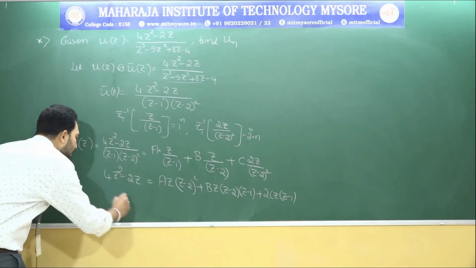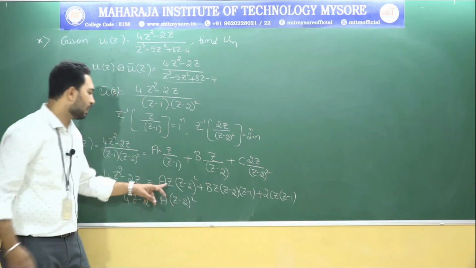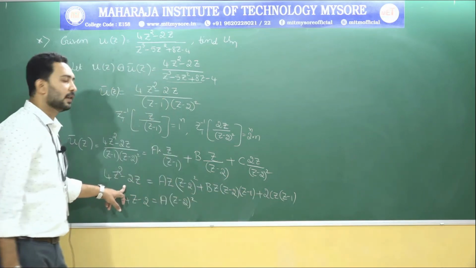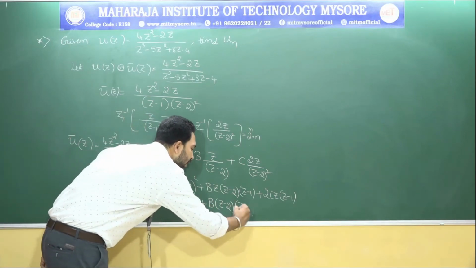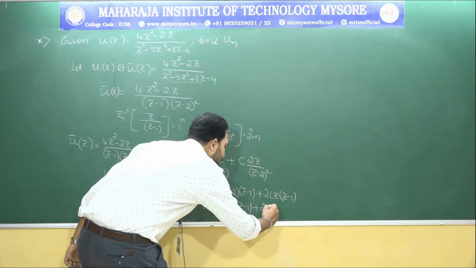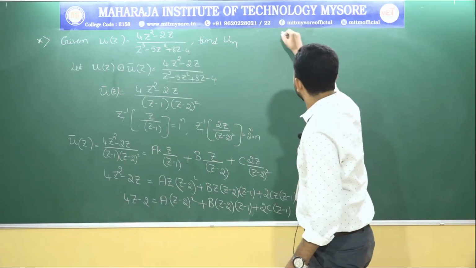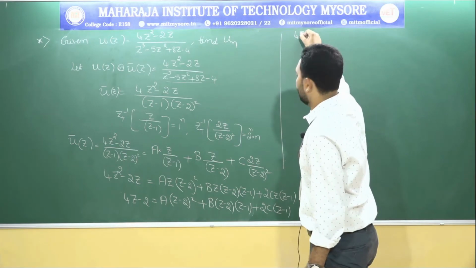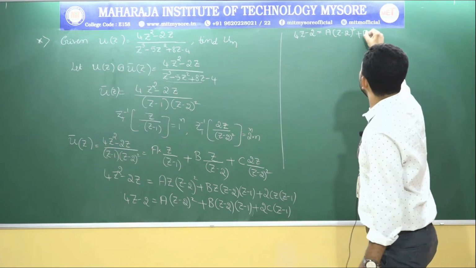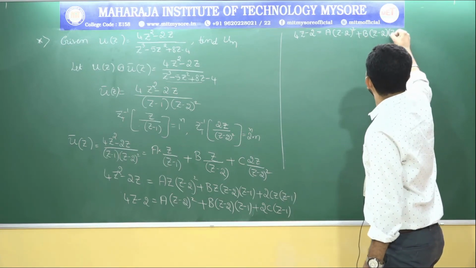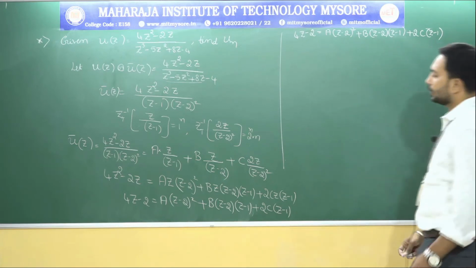So we can take z common, we'll get 4z minus 2 equals a into z minus 2 whole square plus b into z minus 2 into z minus 1 plus 2c into z minus 1, and the common z will get cancelled.